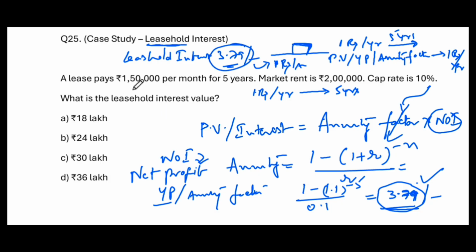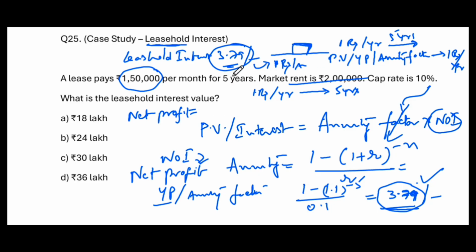So the lessee pays 1,50,000 to the lessor, say. The market rent is 2 lakhs. So what is the profit? The net profit is 2 lakhs minus 1.5 lakhs. There is a party A, he is the lessor.